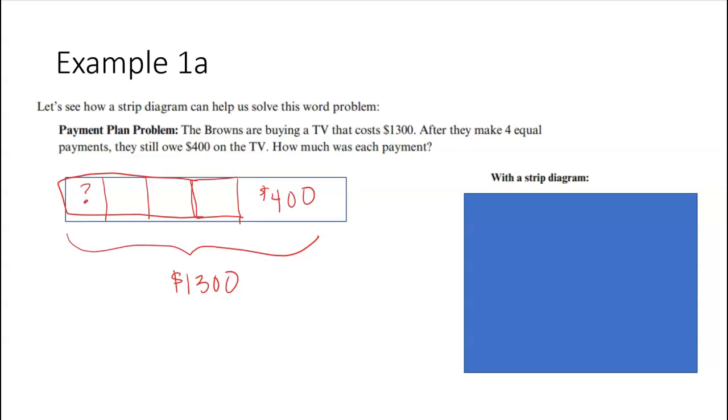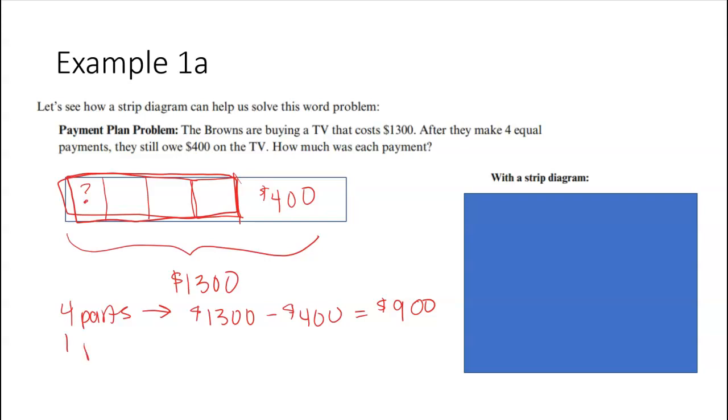So they want to know how much was each of these 4 little payments. So when we look at this as a strip diagram, we can say, okay, well, we've got 4 equal parts of this. These 4 parts are equal to 1,300 minus 400, right? These 4 pieces are the whole thing, 1,300 minus 400. So that's $900.